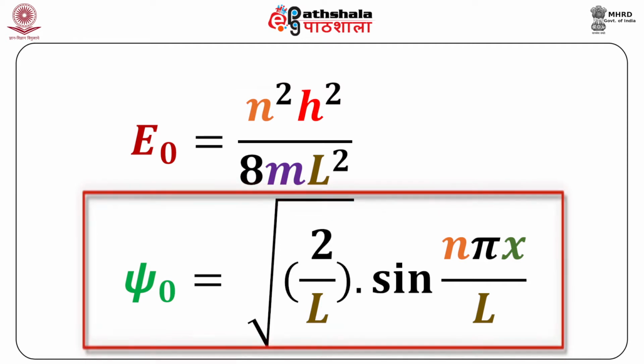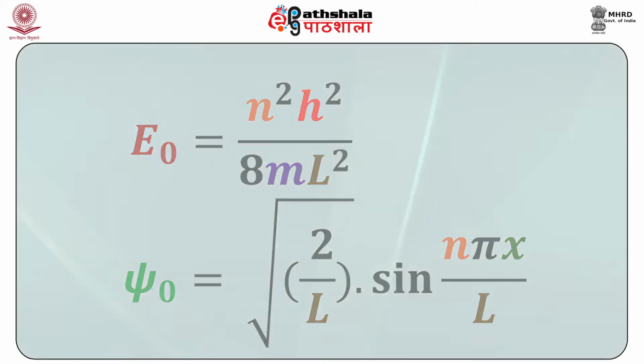The corresponding wave functions for the unperturbed part are under root 2 by L, where L is the length of the box, sine n pi x upon L. n will be 1, 2, 3; n cannot be 0, please remember that.